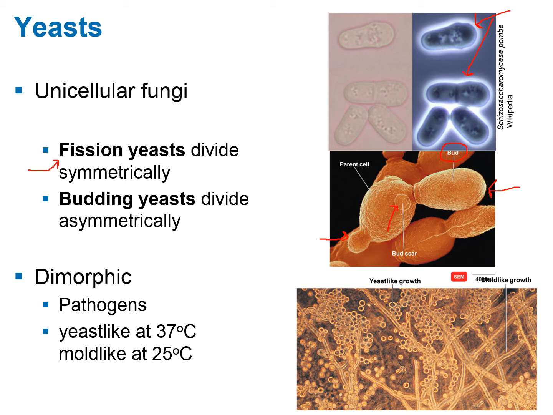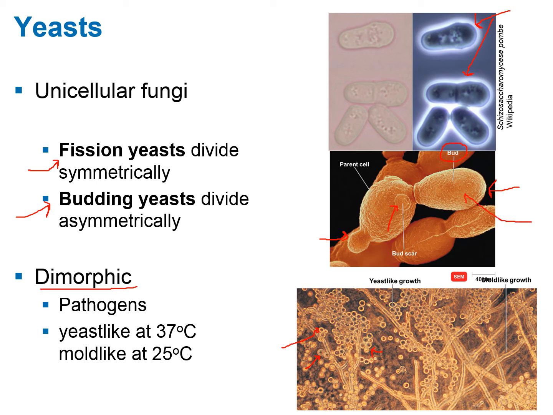Some yeasts are what we call dimorphic, and they tend to be pathogens. Dimorphic fungi go between being yeasts and being like molds, making hypha. So at 37 degrees Celsius, you get the yeast-like form, which you see over here. All of these little circles are individual fungal cells. They look kind of like the buds that we see in the previous picture.